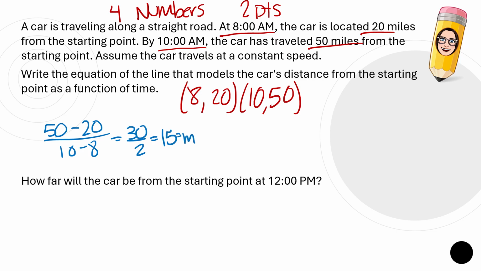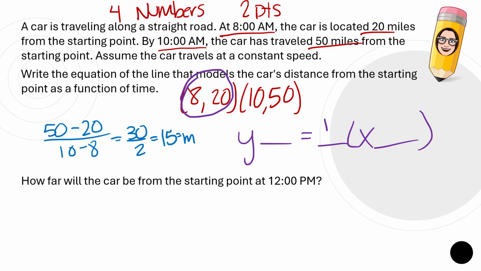And so I'm going to write point slope form. Pick your point. Any point is fine. Again, I'm zooming through this part because you can see my other video if you still need help with this. There's my equation. I don't need to solve for y because it doesn't say to. It says write the equation. Equation is written.